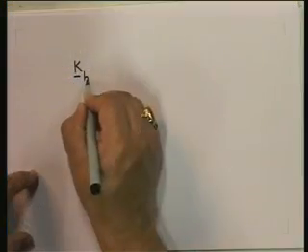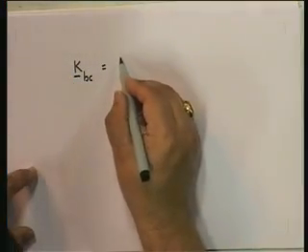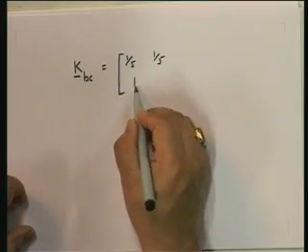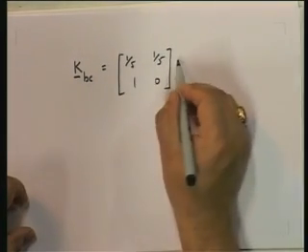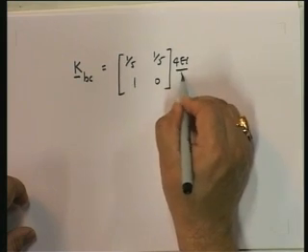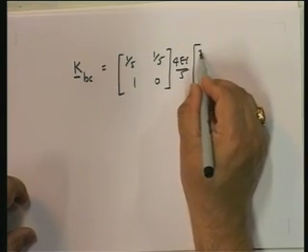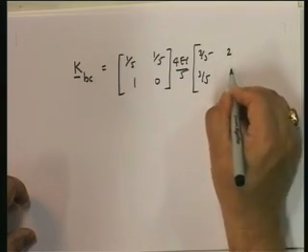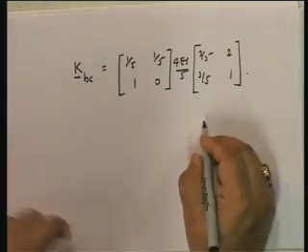The next step is to find K_BC, which is equal to 1 by 5, 1 by 5, 1, 0 into 4EI upon 5 times 3 by 5, 3 by 5, 2, 1.